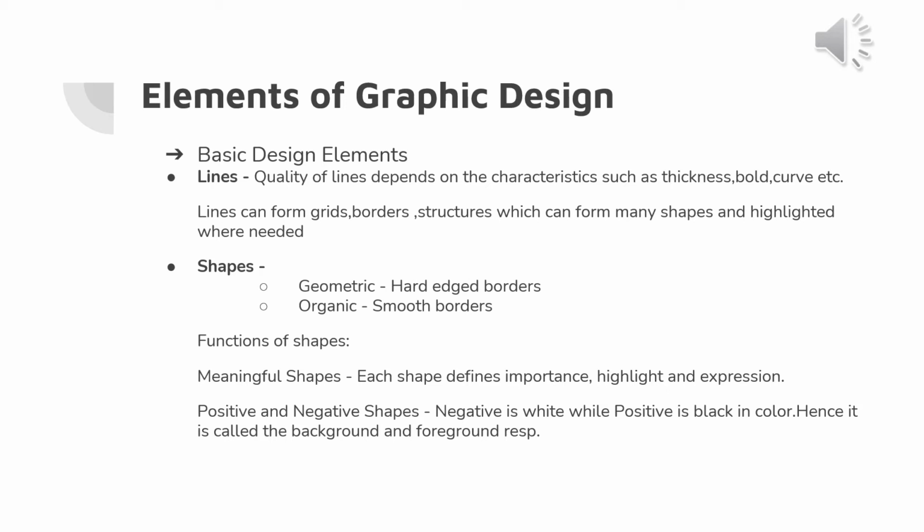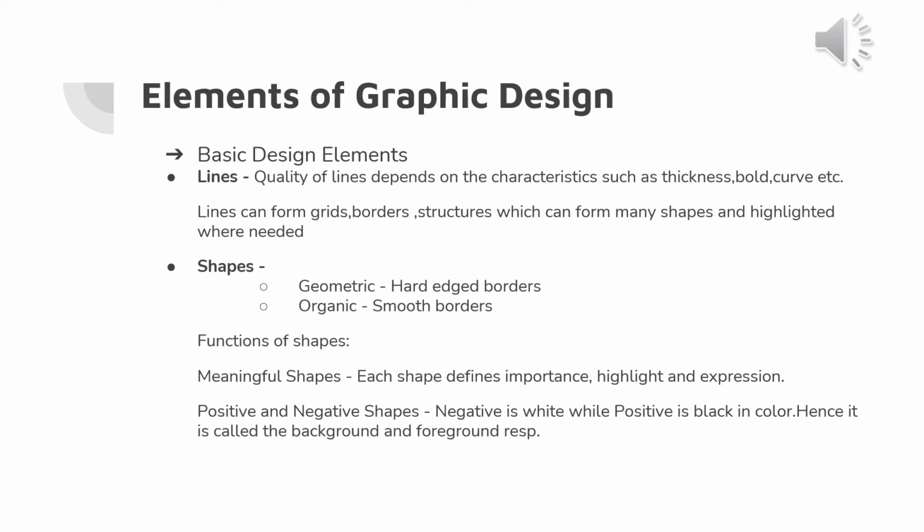The next important design element is the shape itself. If you would remember in your earlier classes, in school days, you would have read about the different types of shapes.